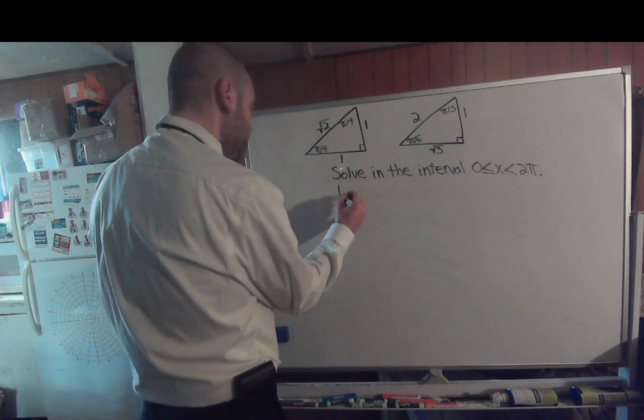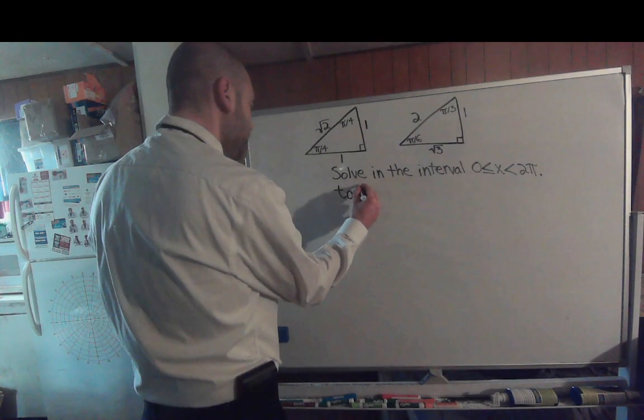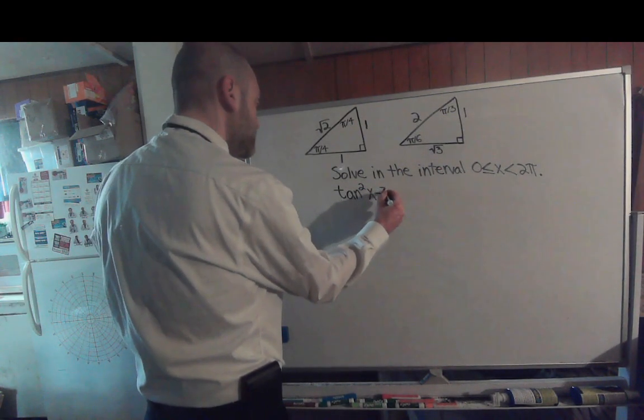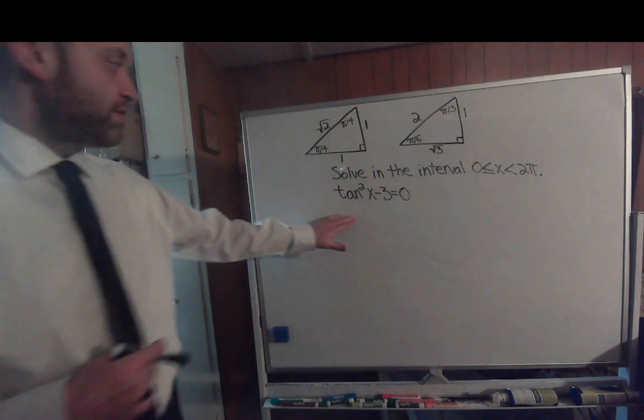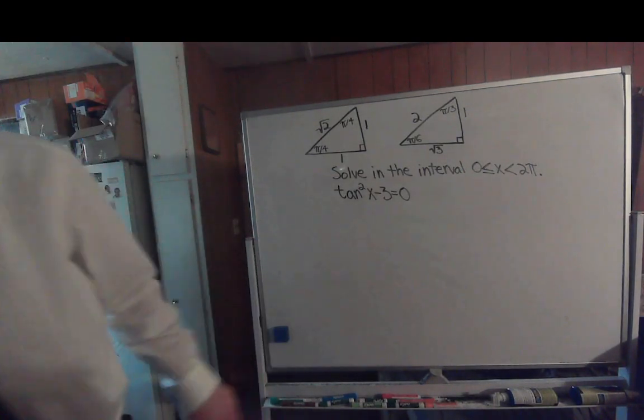We are given the tangent squared of x minus 3 equals 0.